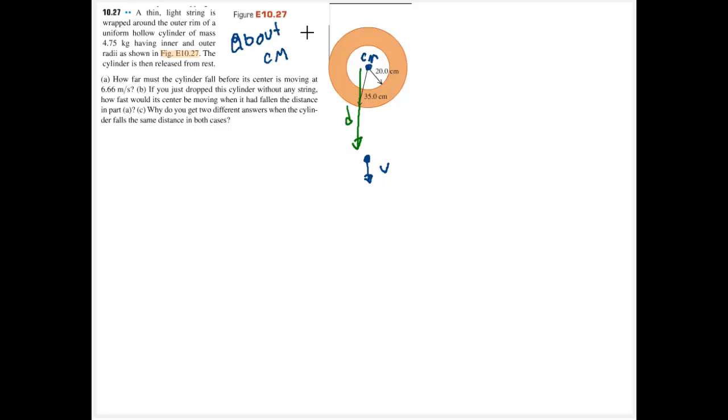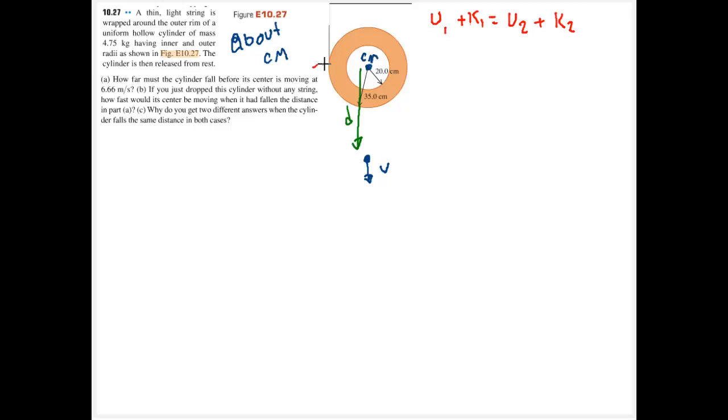So we can solve this by conservation of energy. We're going to say that the potential energy beforehand plus the kinetic energy beforehand is going to be equal to the potential energy afterwards plus the kinetic energy afterwards.